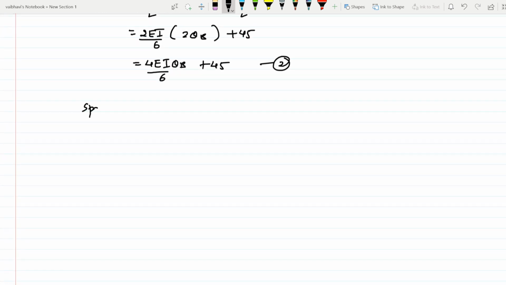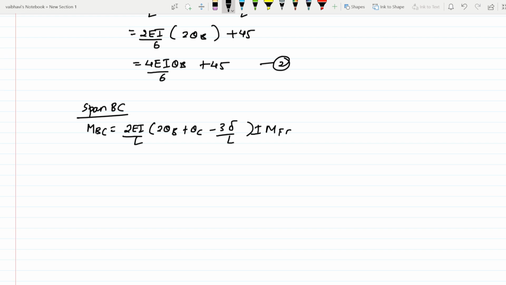Then span BC, MBC equal to 2EI by L, 2 theta B plus theta C minus 3 delta by L, plus or minus MFBC, which is equal to 2EI by BC.